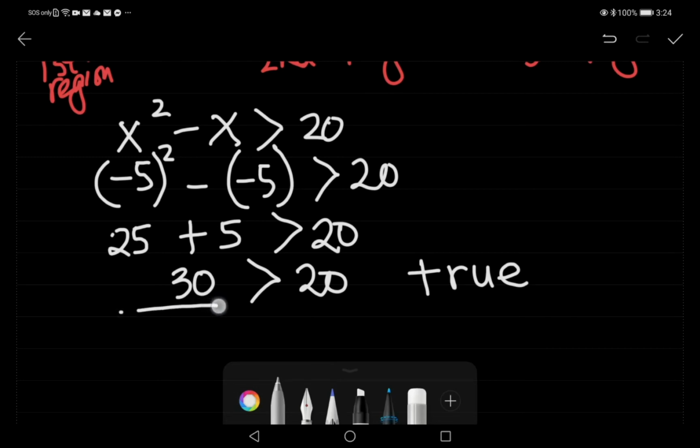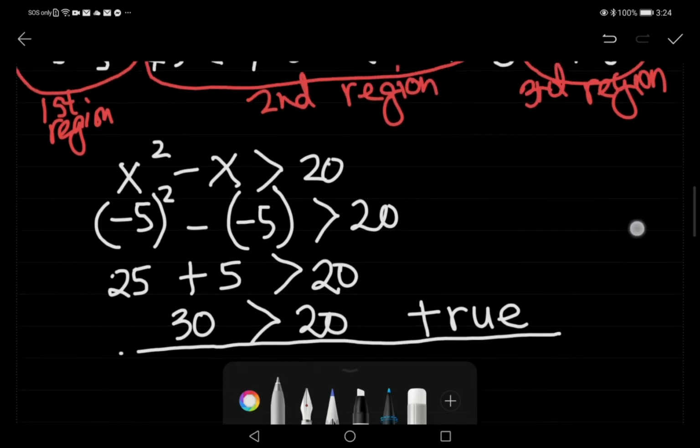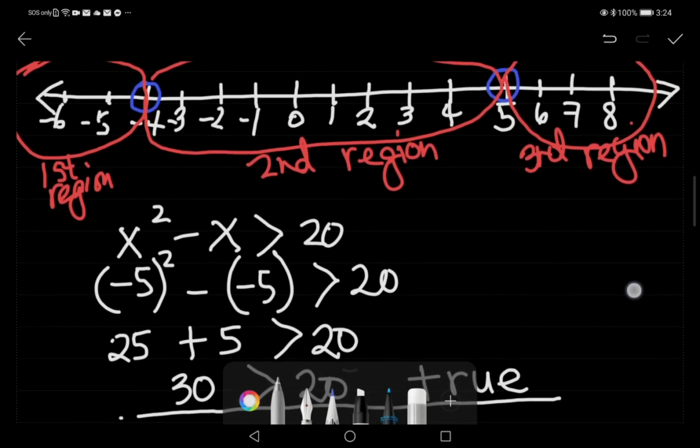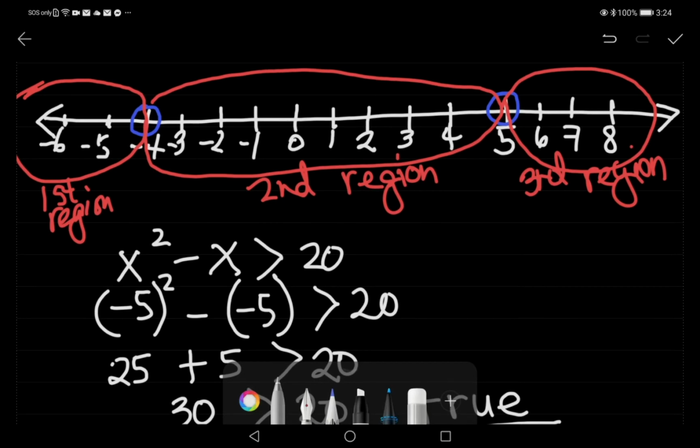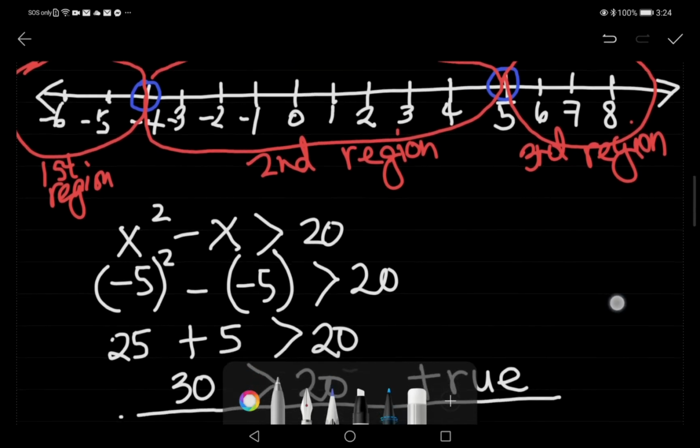Kani siya. This is true. And then mag-test na sad ta sa second region. So para mas dali ra siya, atong pilion ang 0 sa second region.